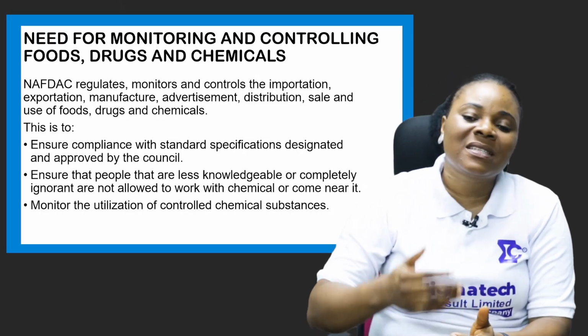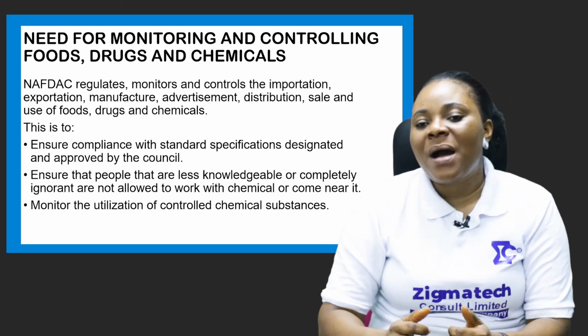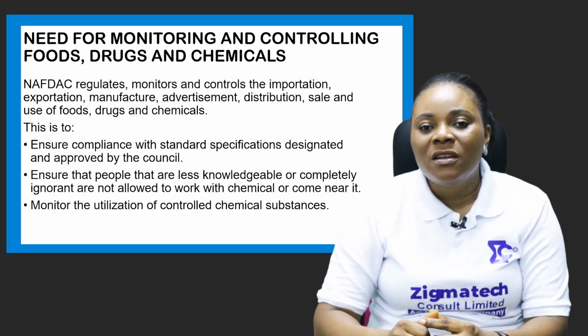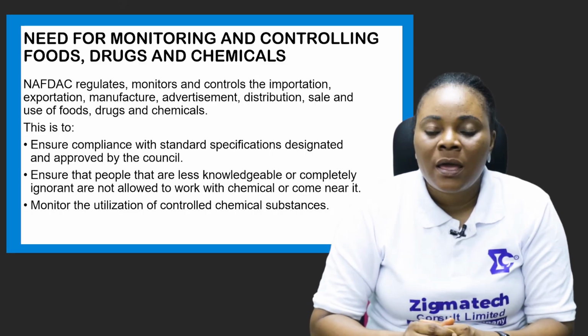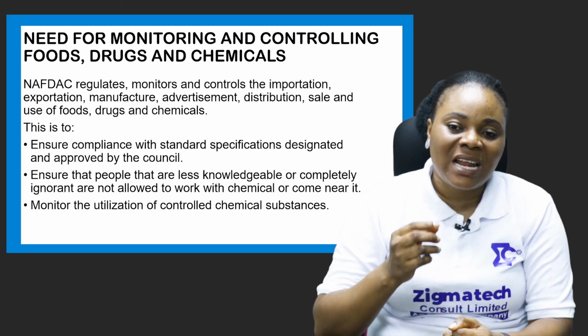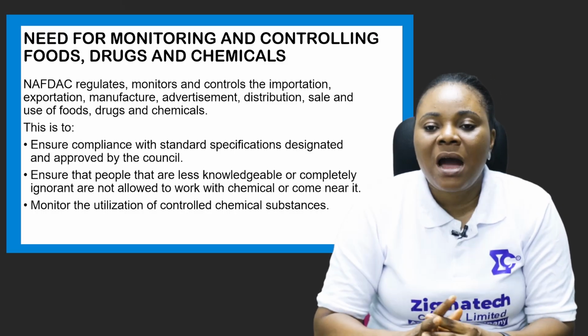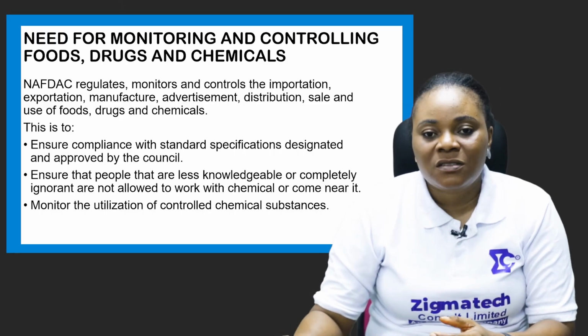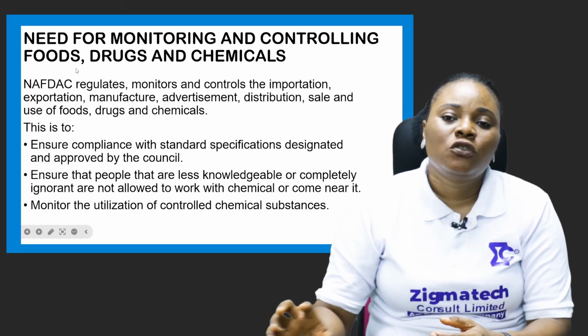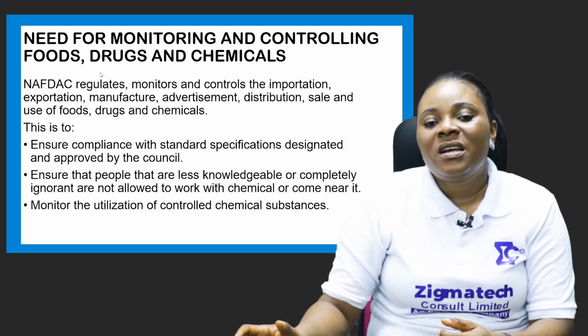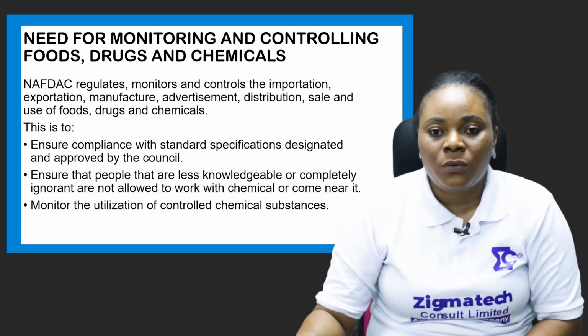They monitor how these chemicals are used by the producers or anyone who needs the chemical. They monitor the utilization or the use of controlled chemical substances so that the users of these chemicals don't use them to damage the lives of other people.